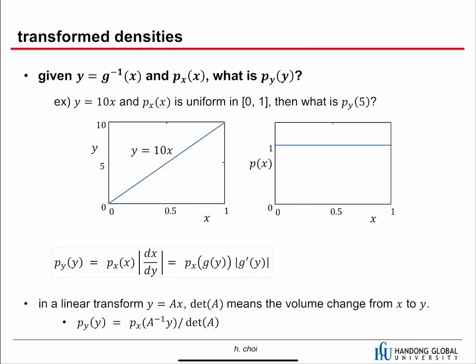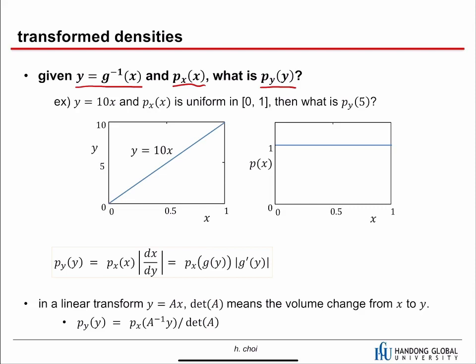In general, we'll talk about transformed densities. We already talked about transformed densities when they are Gaussian distributions. But in general, given these transformations with p of x, what is p of y? That's the question.